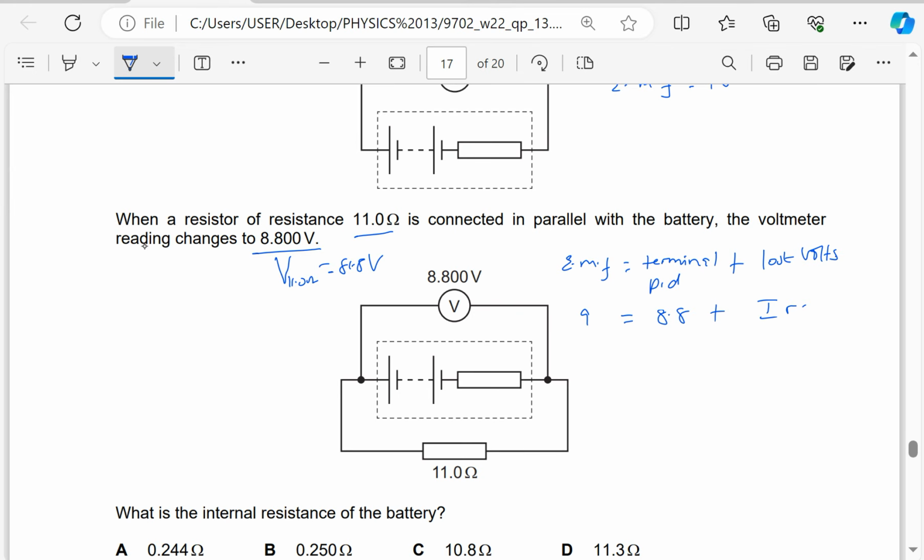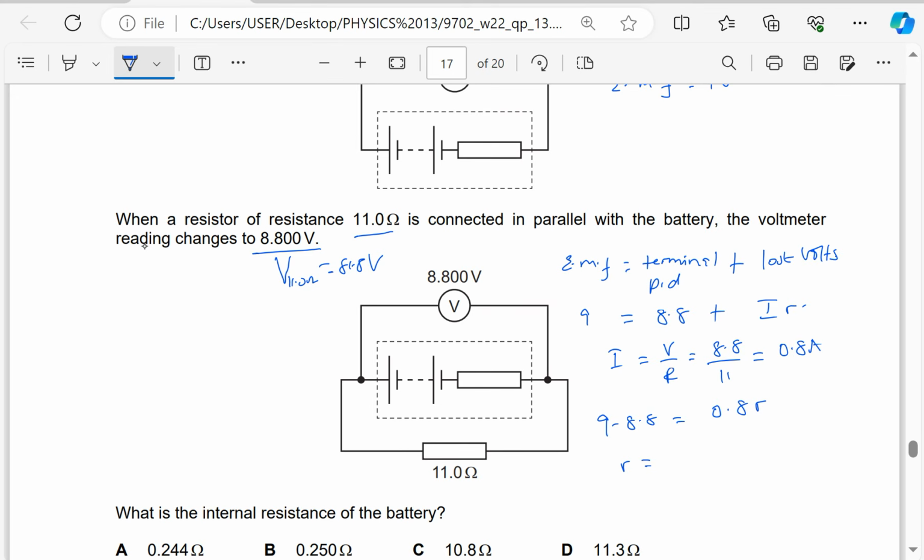But I can still find the current because I know the resistance here. The current I is also going to be the terminal PD divided by R. Terminal PD is 8.8 divided by the resistance, which is 11. That is the current, and I think this is 0.8 amperes. So it means 9 minus 8.8 should be equal to the current, which is 0.8 times internal resistance.